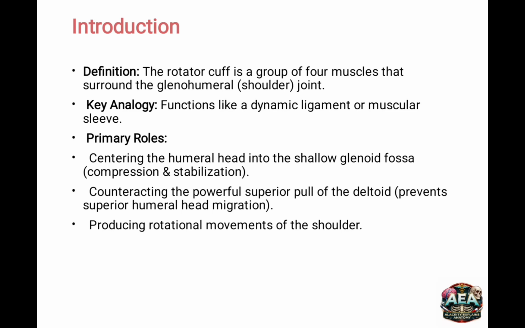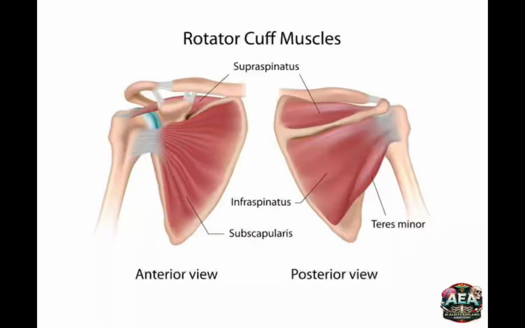So, what then are the rotator cuff muscles? The rotator cuff is a group of four muscles that surround the glenohumeral joint, or the shoulder joint. The key analogy here is that it functions like a dynamic ligament or a muscular sleeve, right? That helps to support or hold the head of the humerus, which is larger, in the shallow glenoid cavity.